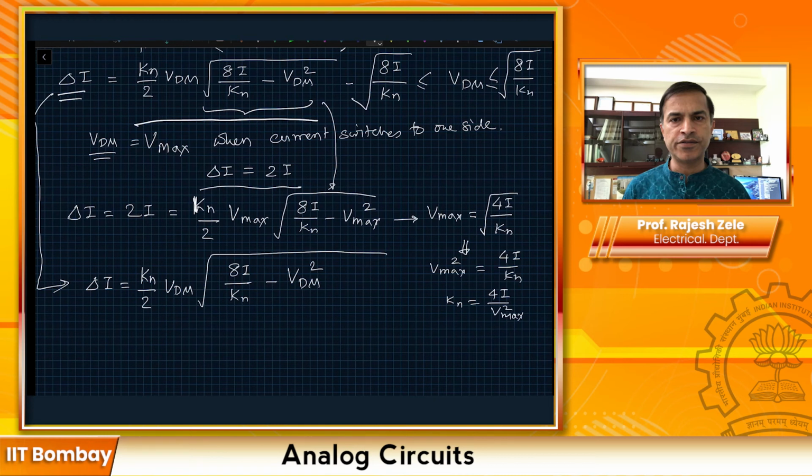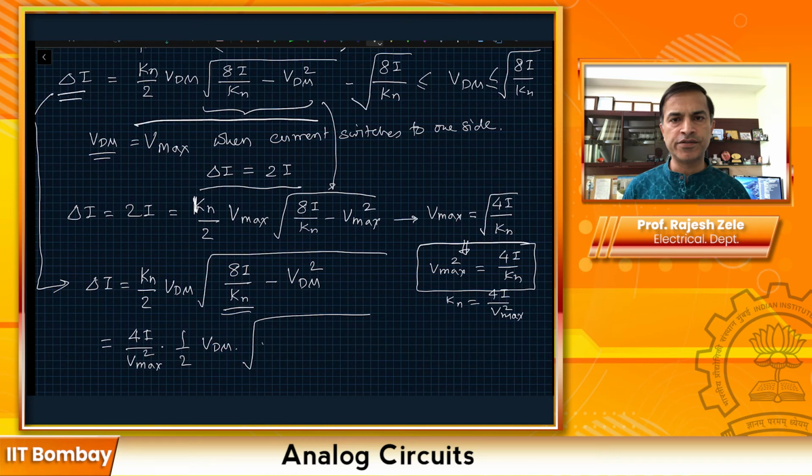So let's see. We already know we can substitute for Kn. So Kn would be 4I divided by Vmax square, and then we have Kn divided by 2, and then we have VDM. And then in the square root expression, what does this look like? It's twice the 4I by Kn.